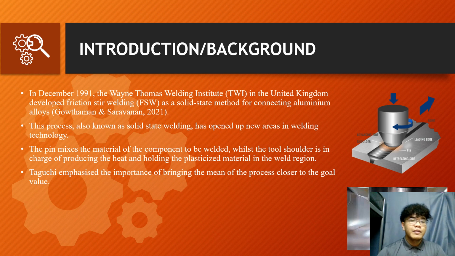The pin mixes the material of the components to be welded. The tool shoulder is in charge of reducing the heat and holding the plasticized material in the weld region. The heat is produced when the friction happens. Next, the Taguchi method is applied to get better results.